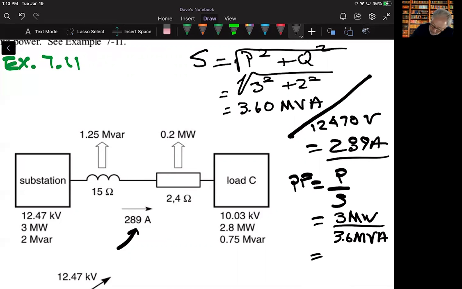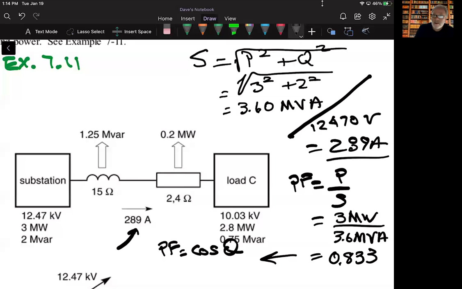So the power factor at the station is 0.833 or 83.3%. In part A, they're asking for the angle between the voltage and the current. So once we know the power factor, we can do that. The power factor is 0.833, the cosine of the angle between the voltage and the current.